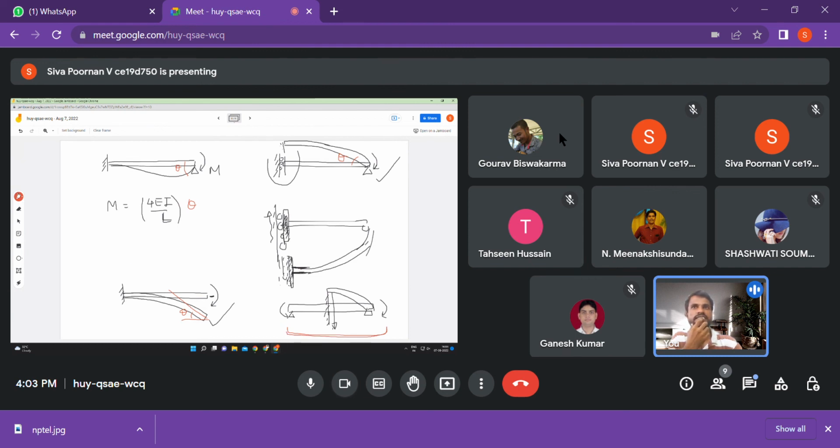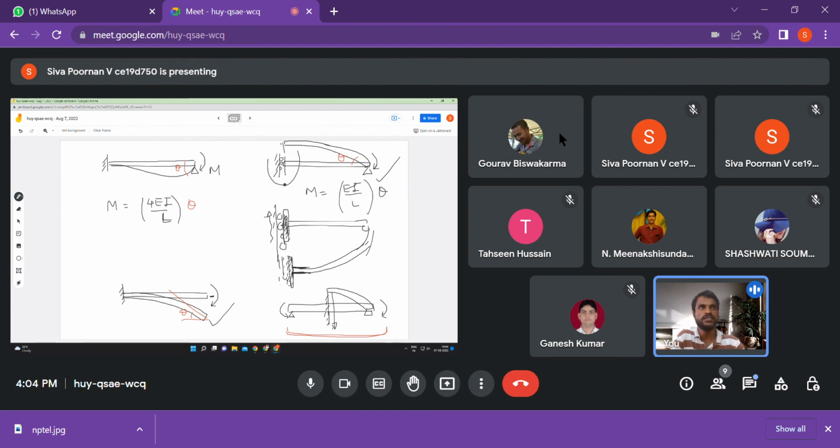Anyway, I'll give you the answer here. You can think about it later in your free time. You will find that M is equal to EI by L times theta. So it will be very flexible. That's the stiffness of the system.